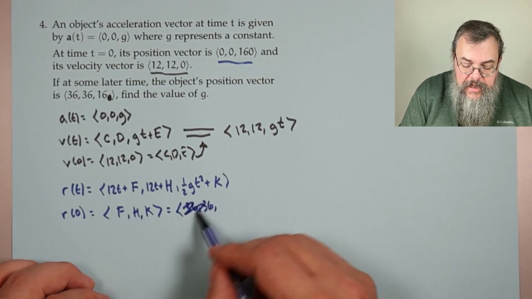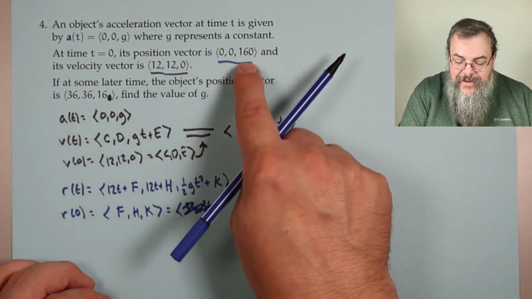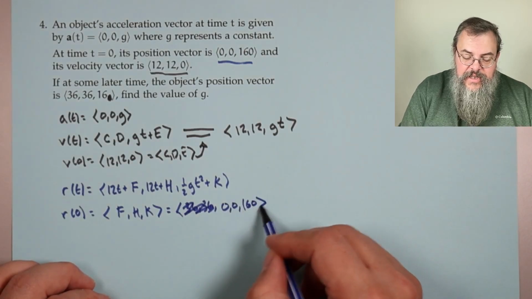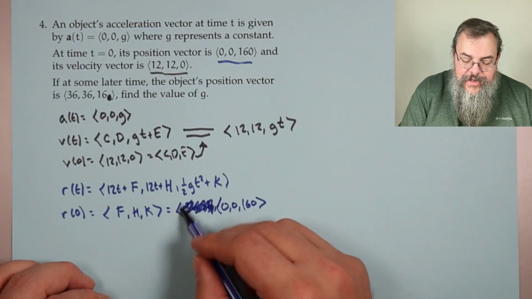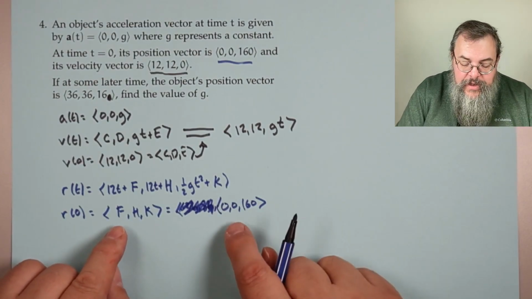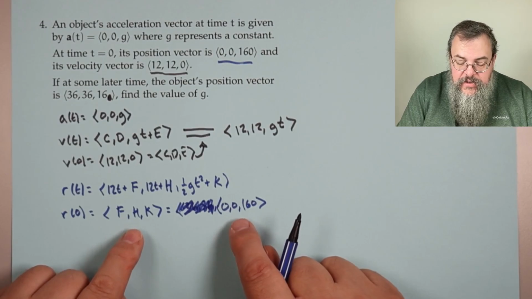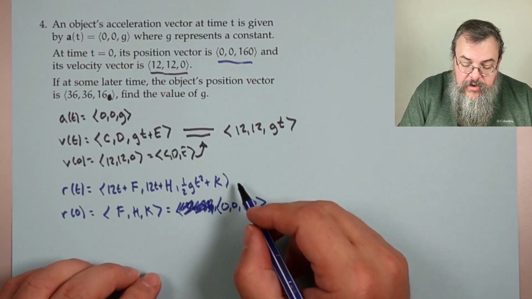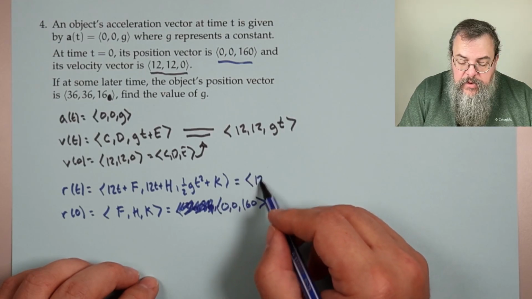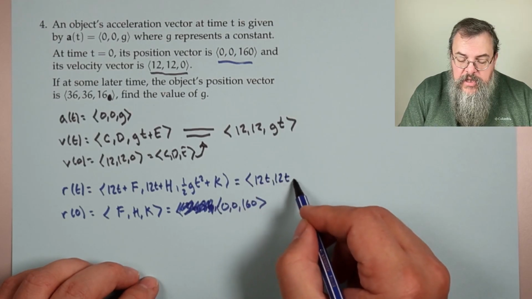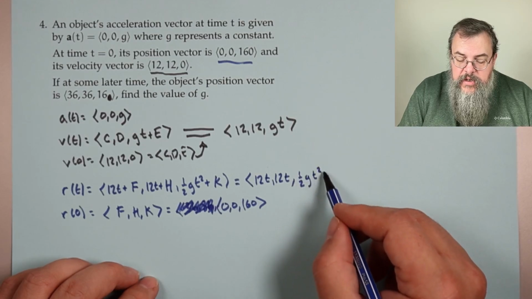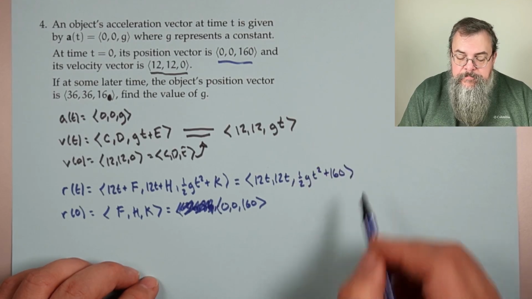Oops, I was looking at the wrong part. Make sure you're looking at the right part. Okay, so that says f is 0, h is 0, k is 160. So we really have 12t, 12t, and then 1/2 g t squared plus 160.